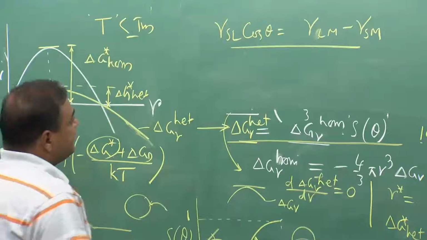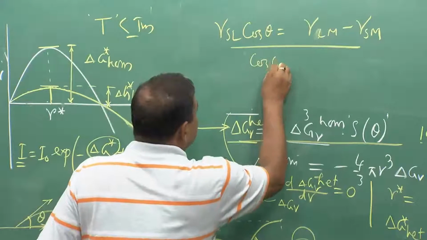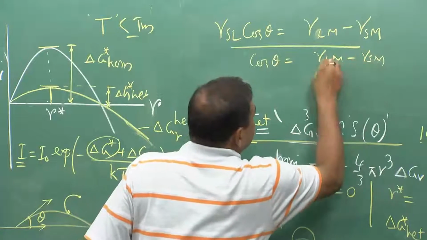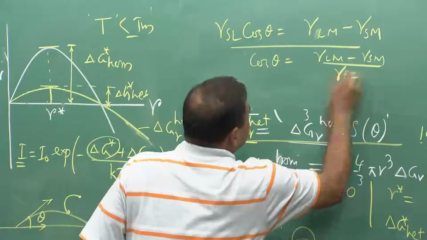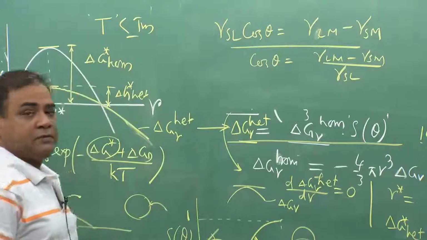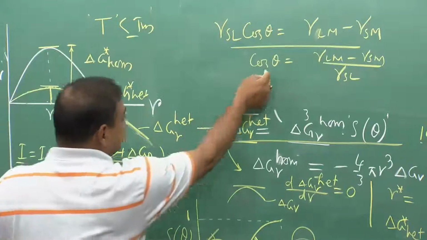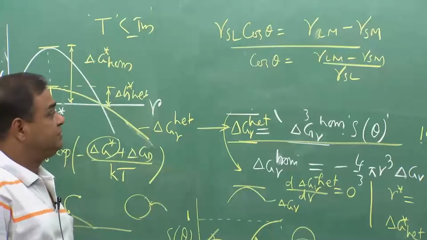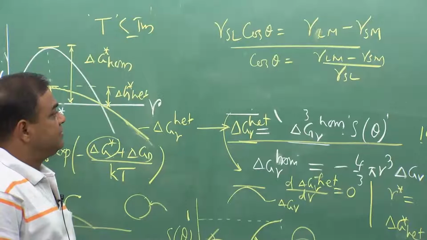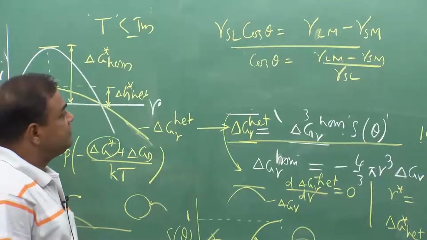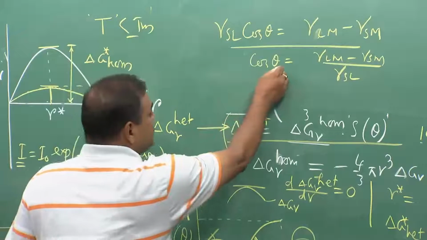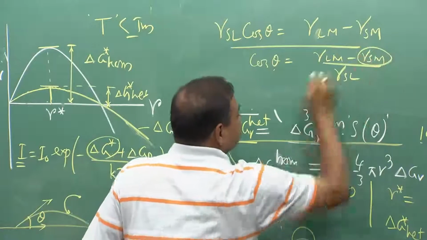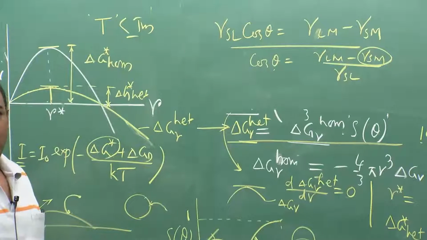Now, we can do it like this. SL. Now, if theta has to go down, then cos theta would be, if theta is low, then this term has to be low.